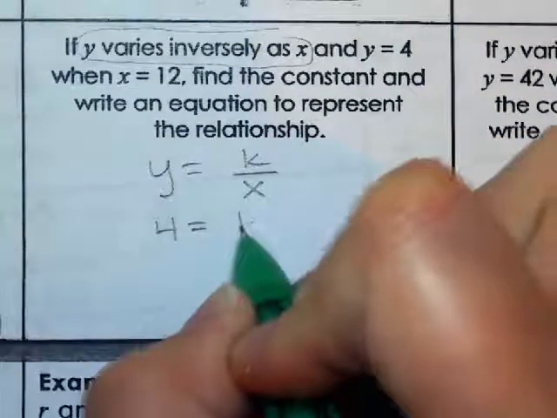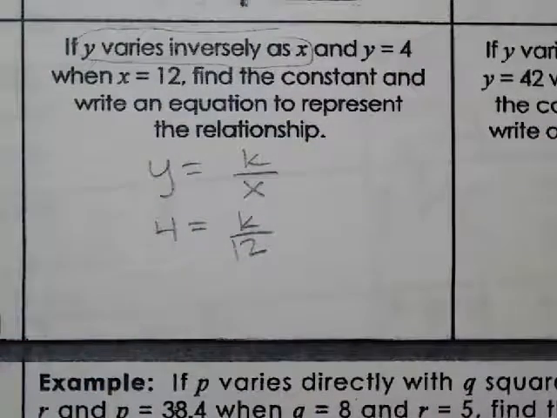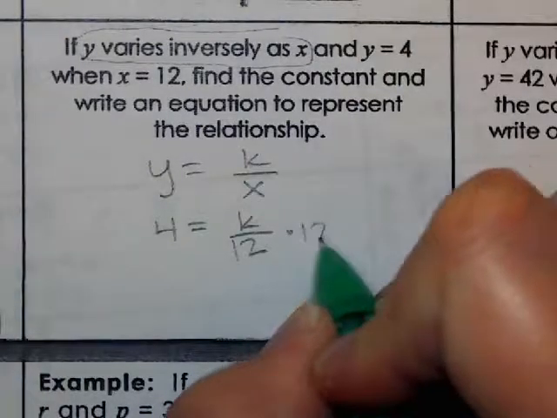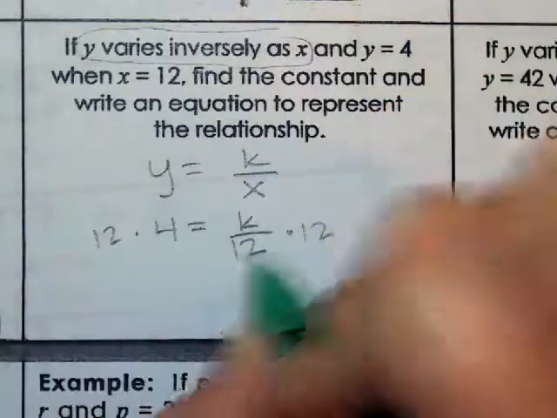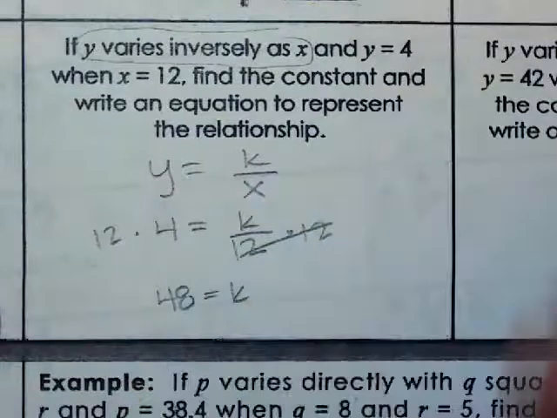And what would we do to solve for k? Multiply by 12. And what is 4 times 12? Okay. So we're going to have y equals 48 over x.